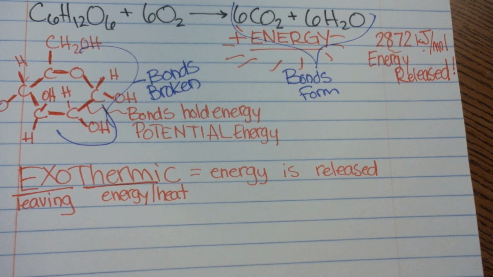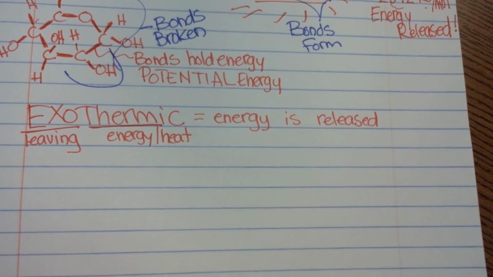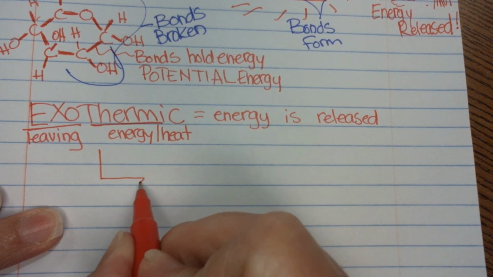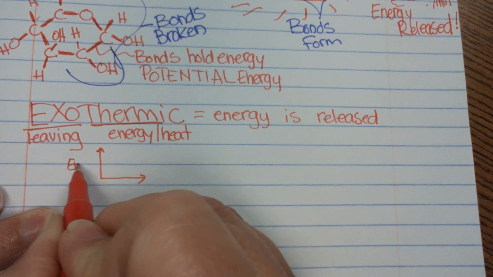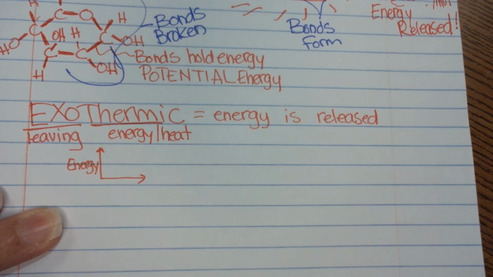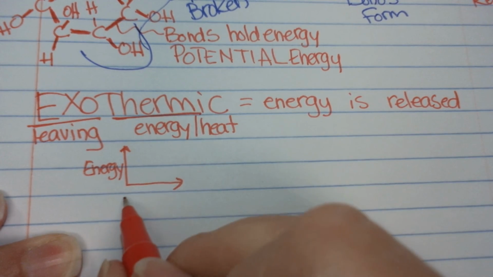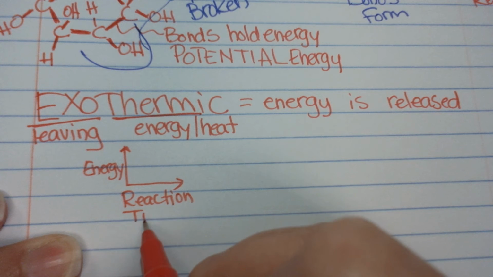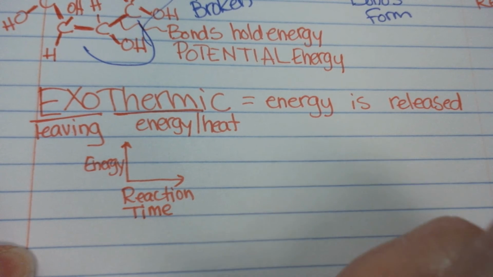And we're going to look at some graphs with these words. The first graph looks like this. I have arrows. Energy is always on the y-axis. And then reaction time, or progress, reaction progress is over here on the x-axis.